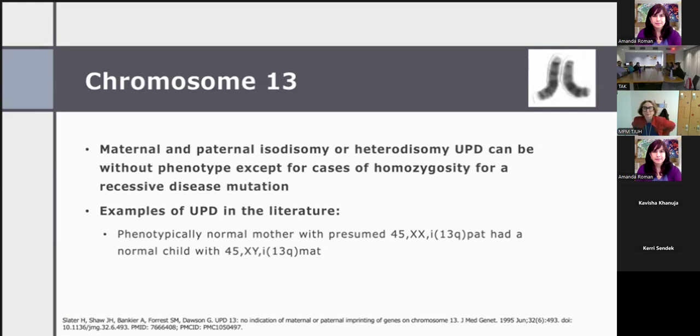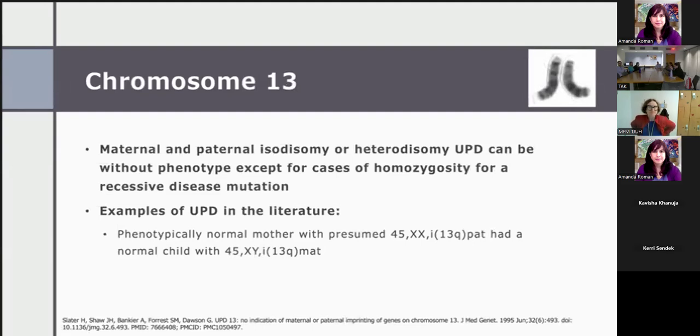For chromosome 13, maternal and paternal isodisomy or heterodisomy may be without any phenotype, except for cases of homozygosity for a recessive disease mutation. That's essentially saying that because there are identical alleles, that itself increases the risk of a recessive disease mutation.